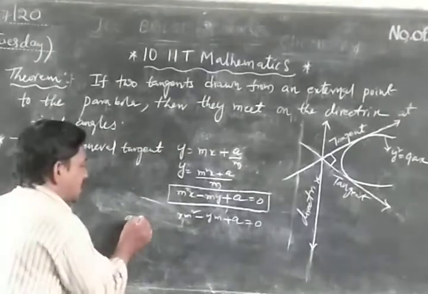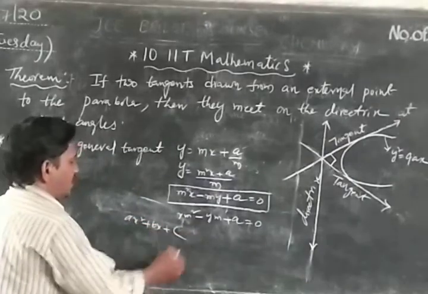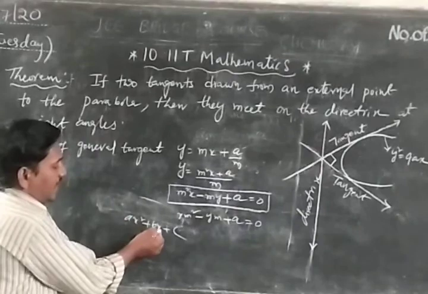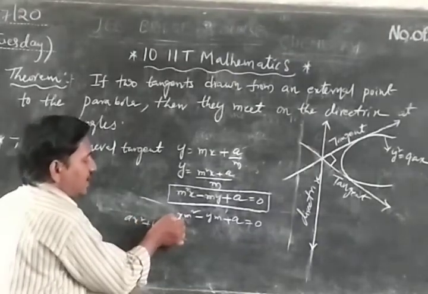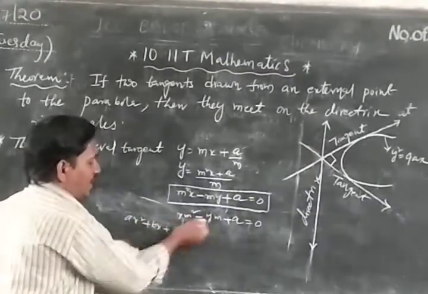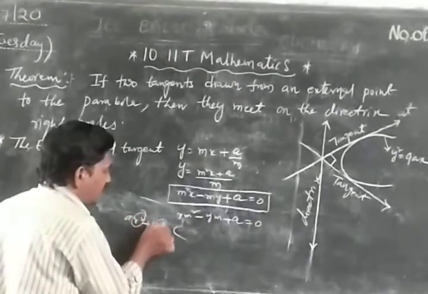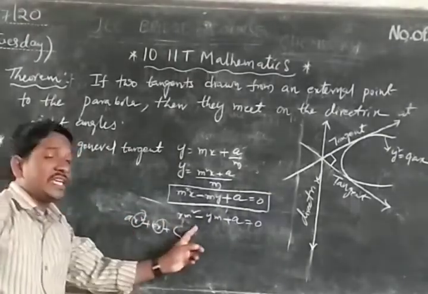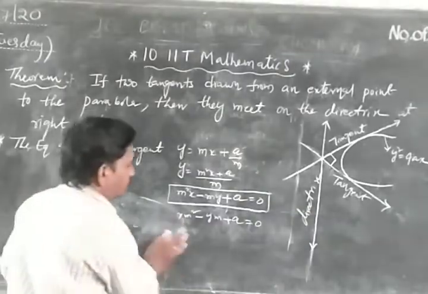In the place of a there is x, in the place of b there is y, and the variable is m instead of x.